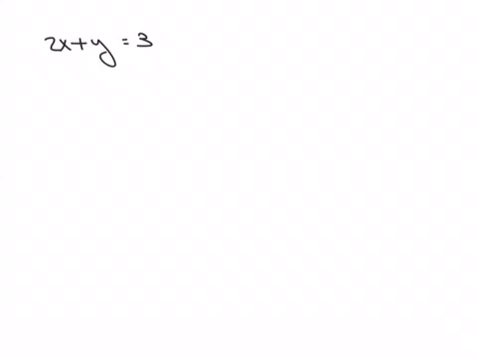Well, we could put in 1 for x and 1 for y and get 3. What if we put in 2 for x and negative 1 in for y? We also get 3. So there are several different answers that make this a true statement.